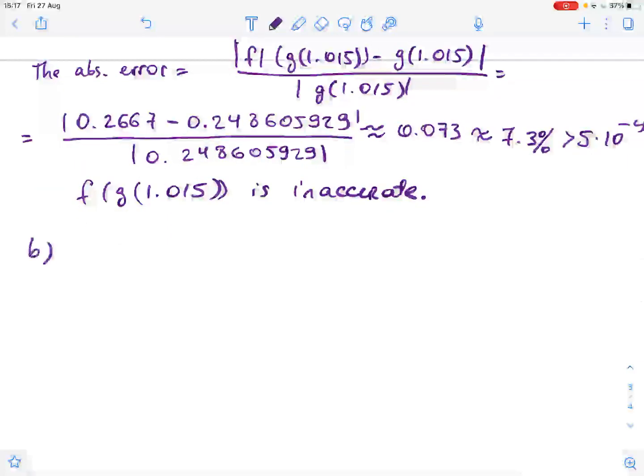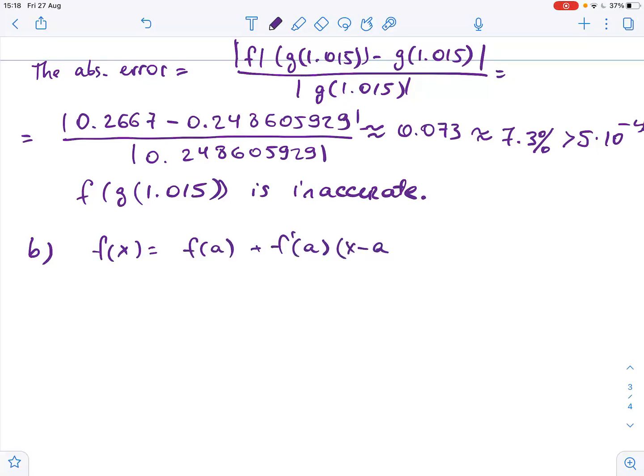Well, now let's do part B. So here's the Taylor polynomial of order 2 of a function f of x around a point x equals a: f of x equals f of a plus f prime of a times x minus a plus the second order derivative of f at a over 2 factorial times x minus a squared. So we are given that f of x equals x to the power of 1 over 4.